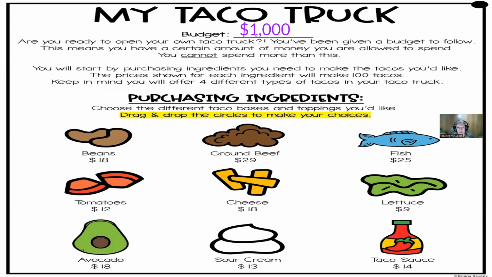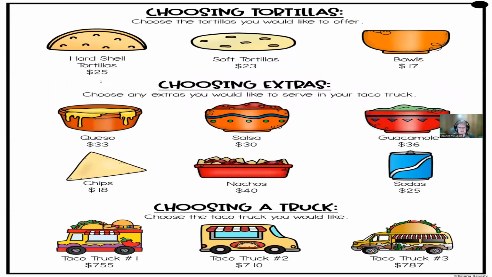Your budget is $1,000. So they're practicing budgeting and running a business. They're practicing their math. There are so many different types, and you cannot spend more than this, which is so real life, a real world application. You cannot spend more than what is in your bank account. Tortillas and extras, and here are the trucks that they can choose from.